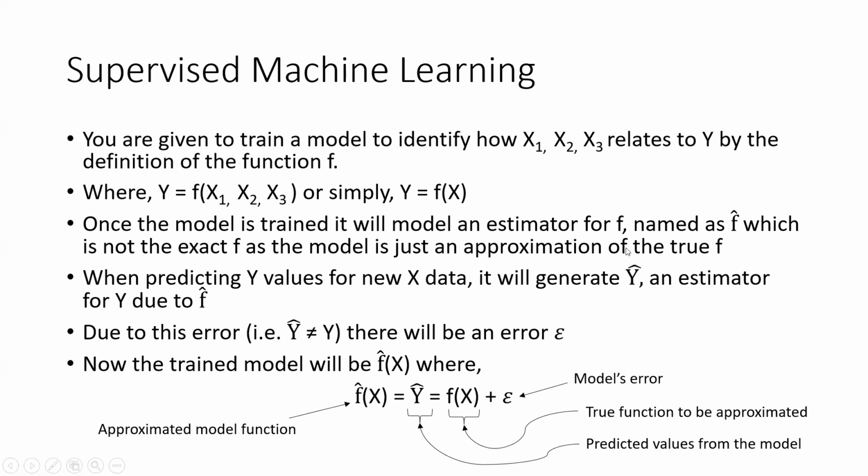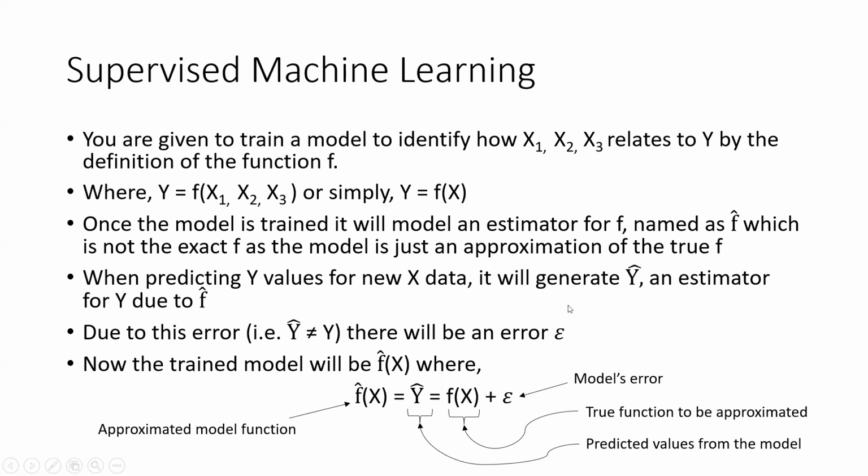So this y hat is also an estimator for y, not the exact y, because once we give x1, x2, x3 to the estimated function f hat, you don't get the exact y. You get the estimated y value, which we denote as y hat, because now this y hat is not equal to y. Right? There is some error. This error is represented by epsilon.